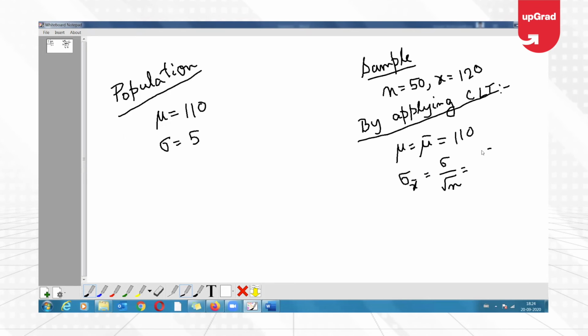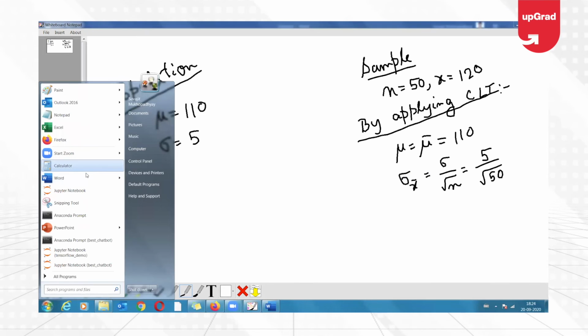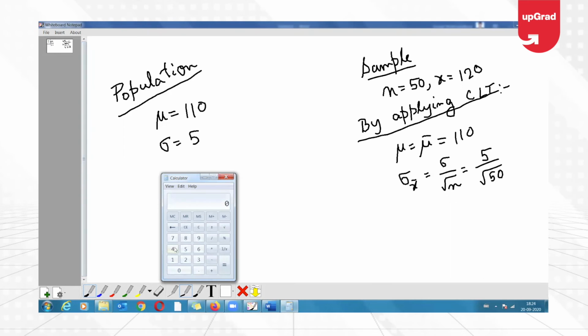So sigma is 5 divided by square root of 50. The square root of 50 is 7.07. So 5 divided by 7.07 is 0.7.